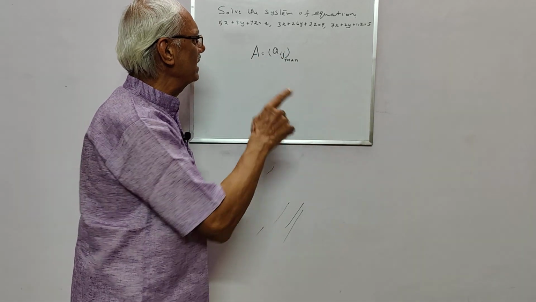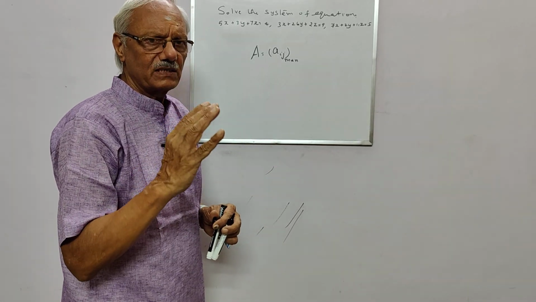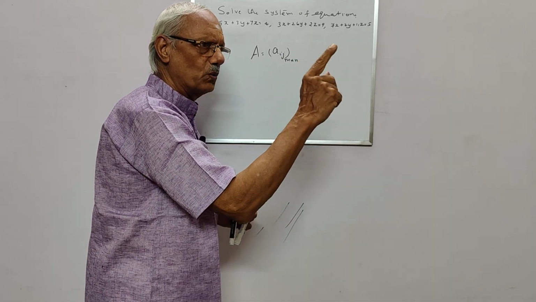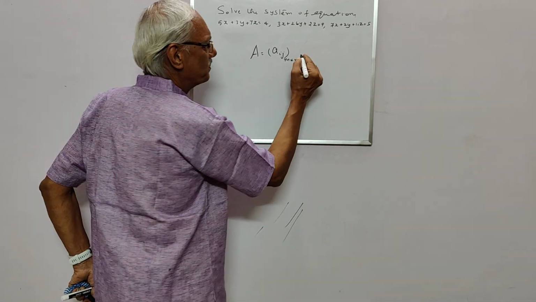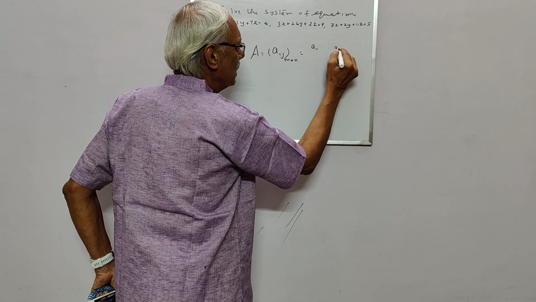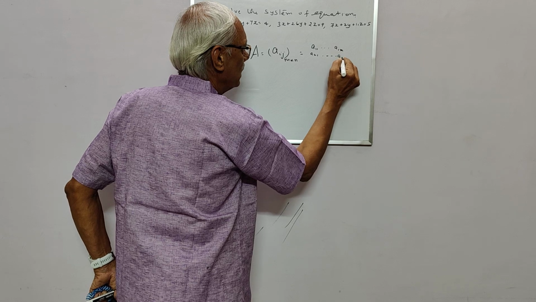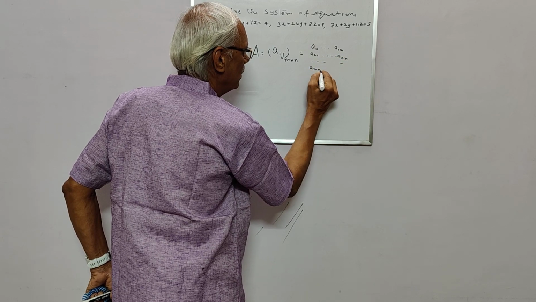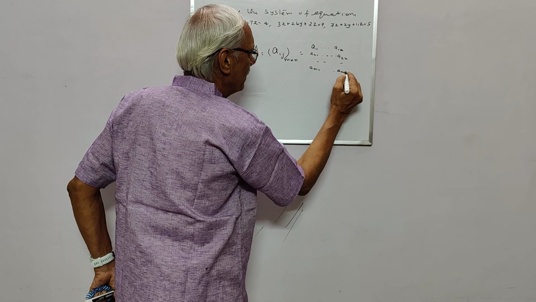As I have already explained, this represents a matrix in which the elements are A11, A12 up to A1n, then A21 up to A2n, and it goes on like this, and you get the last row to be AM1 up to AMN.